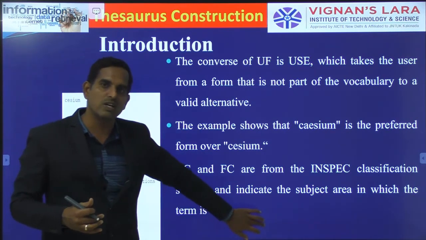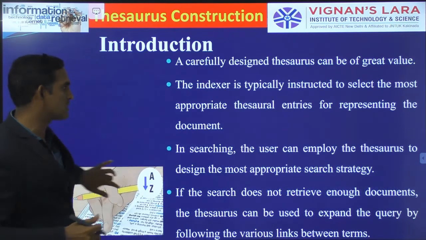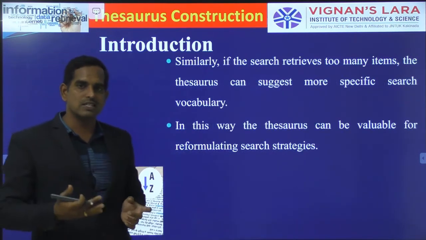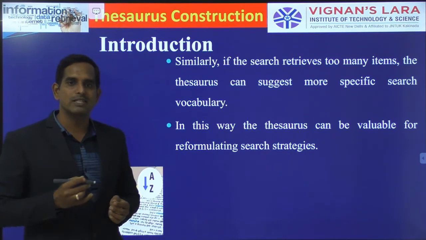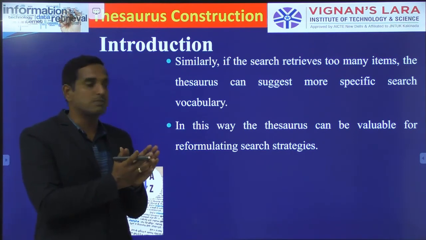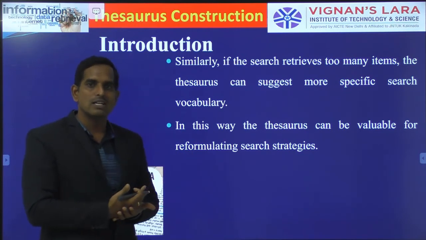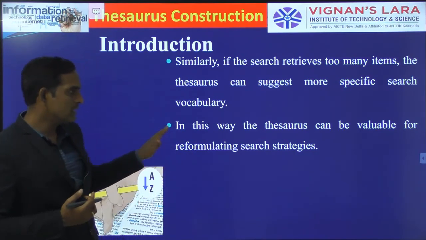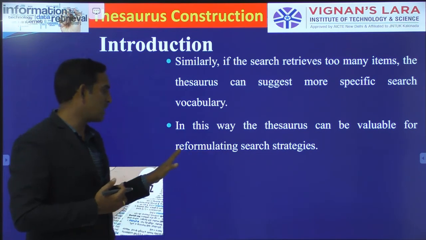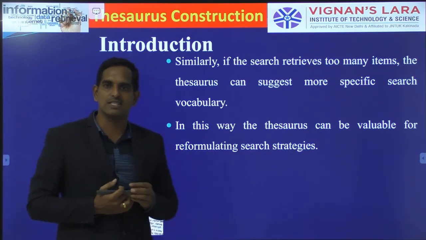Those specific words can be helpful for you to reduce the size of your search. If your search is retrieving too many documents, then instead of using the more general search term, we can use the more specific search term. In this way, the Thesaurus can be valuable for reformulating your search strategies.